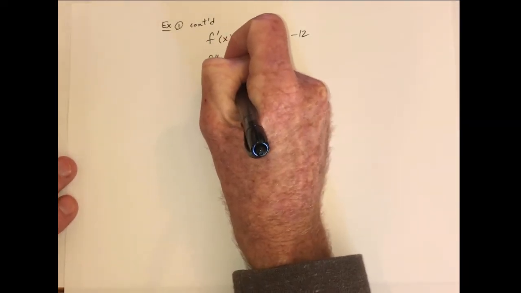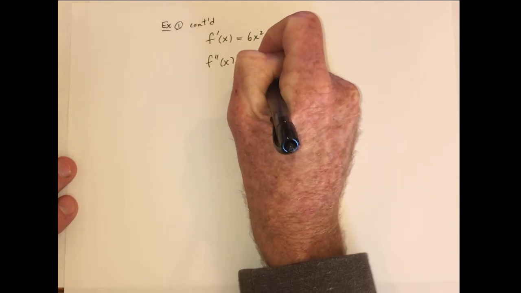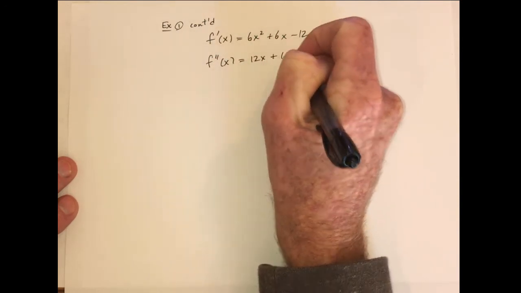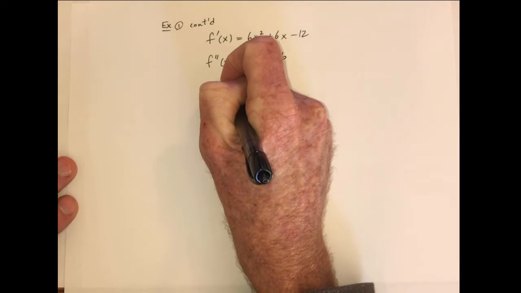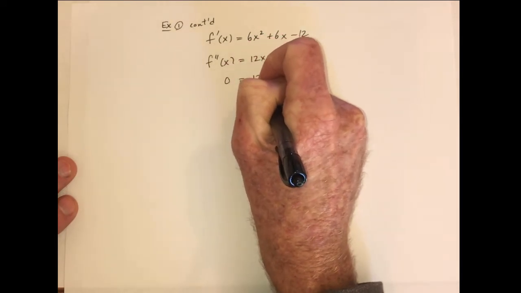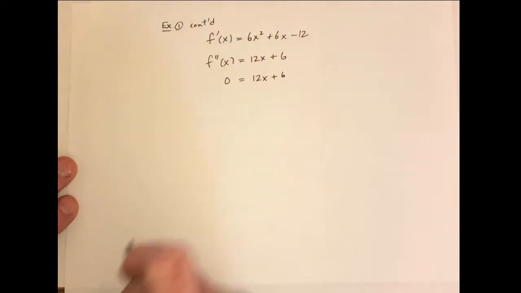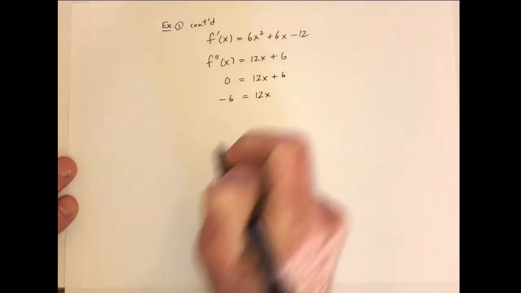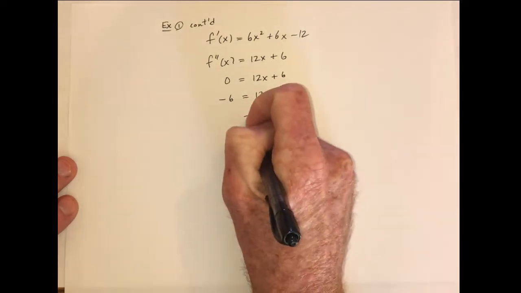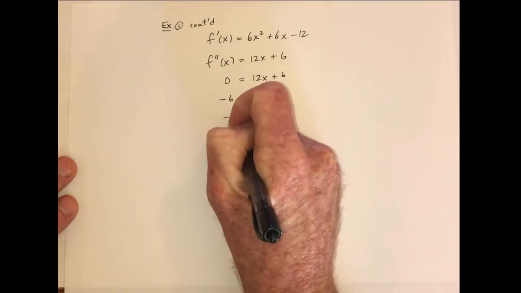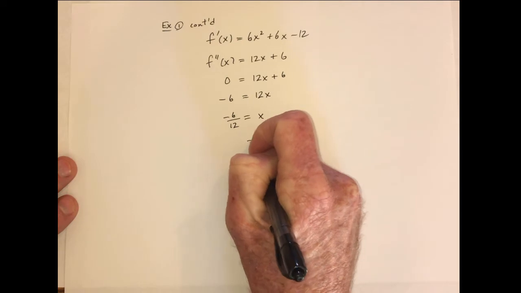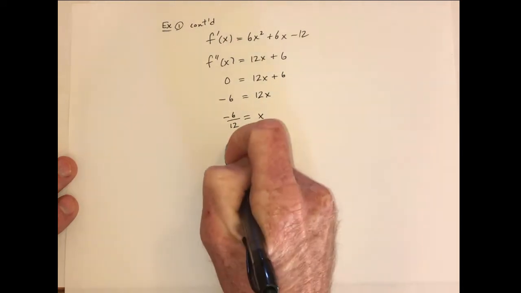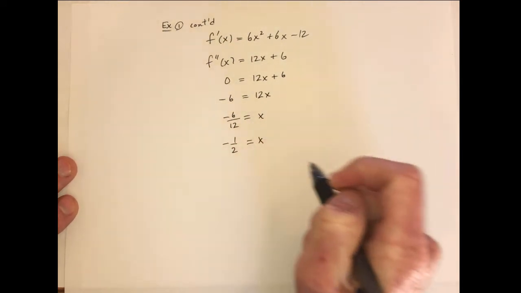So the second derivative is going to be 12x plus 6. Then set that equal to 0 and solve for x. So you could subtract 6 from both sides and then divide by 12 and then reduce the fraction, so that's -1/2.